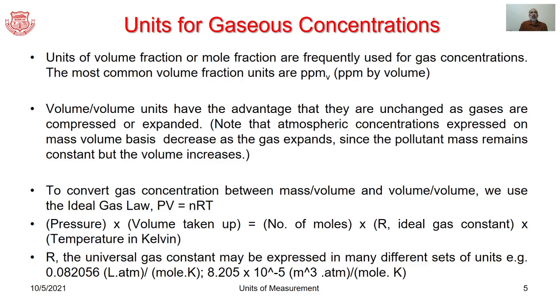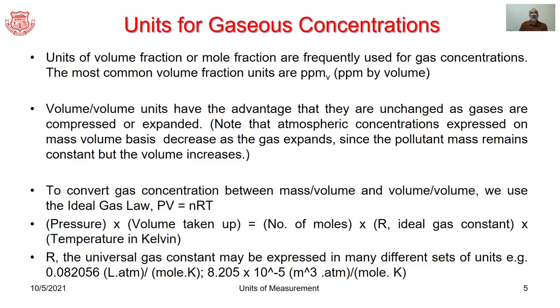To convert the gas concentration between the mass per volume and volume per volume, we can resort to the ideal gas law, which is expressed as PV equals nRT, where P is the pressure, V is the volume taken up, n is the number of moles, R is the ideal gas constant, and T is the temperature in Kelvin.